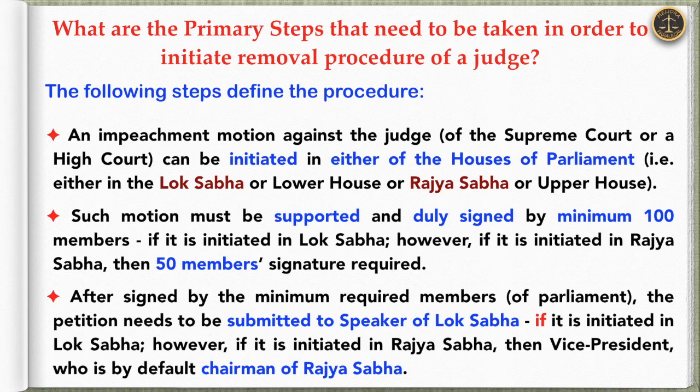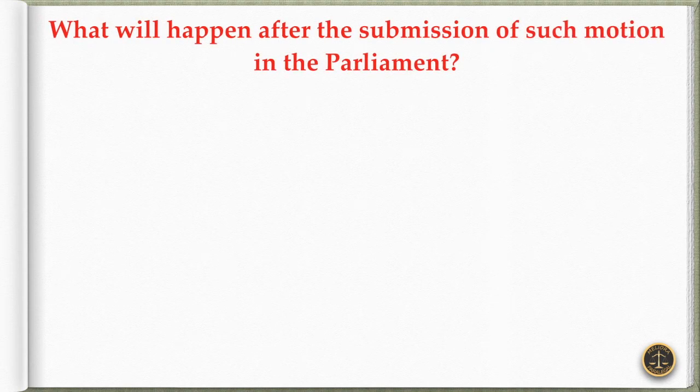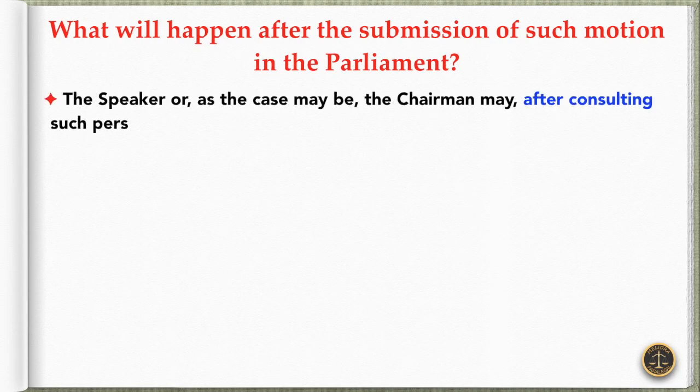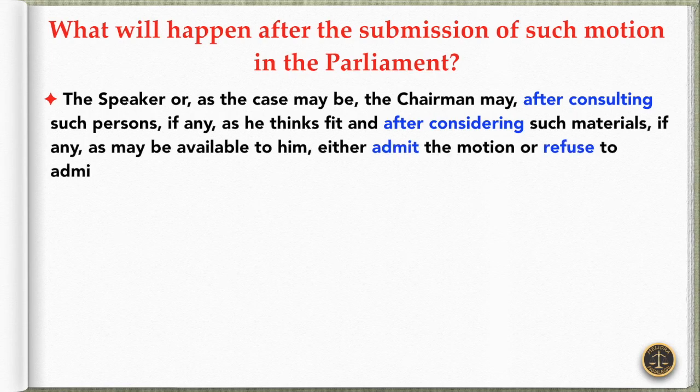Now, you might have the question, what will happen after the submission of such a motion in the Parliament? Once such a motion is submitted in the Parliament, the Speaker or, as the case may be, the chairman may, after consulting such persons, if any, as he thinks fit, and after considering such materials, if any, as may be available to him, either admit the motion or refuse to admit the same.